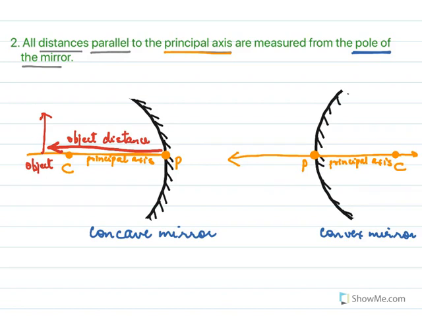Again, in the next diagram, if the object is kept on the left side and we want to measure the object distance, first we denote the pole, and from the pole, this distance right up here will be the object distance.